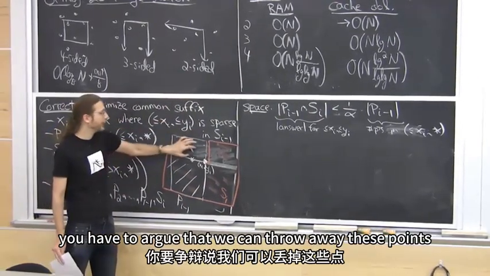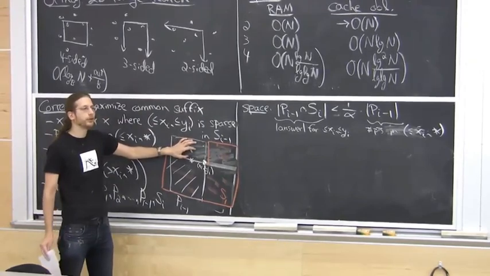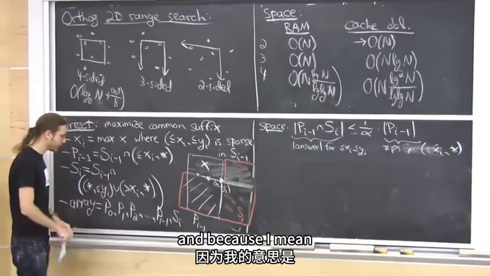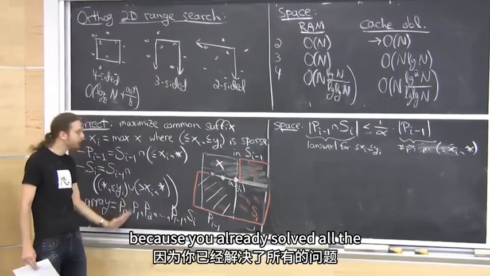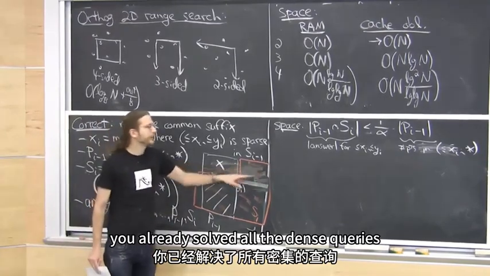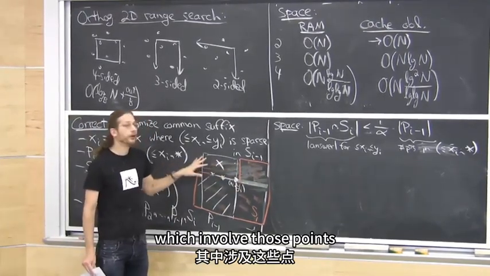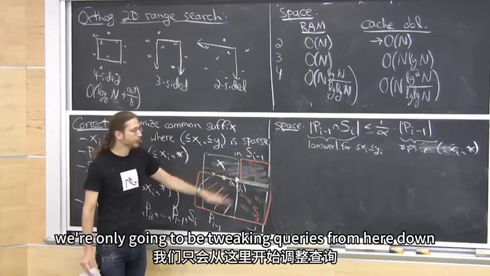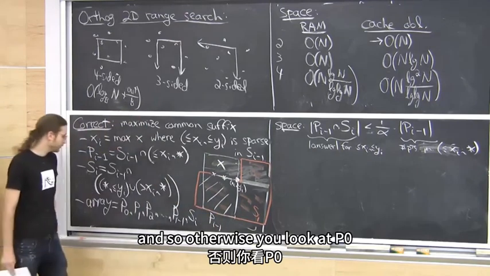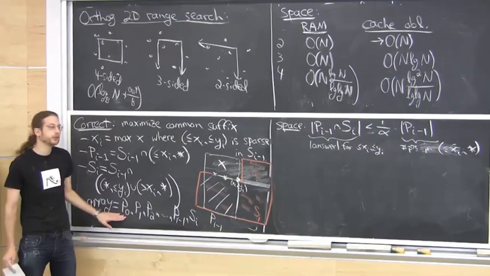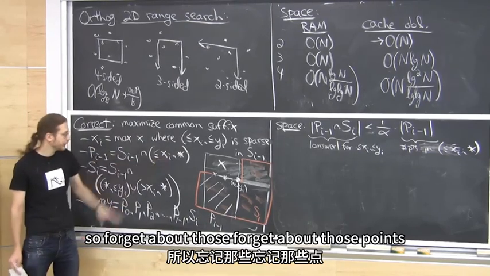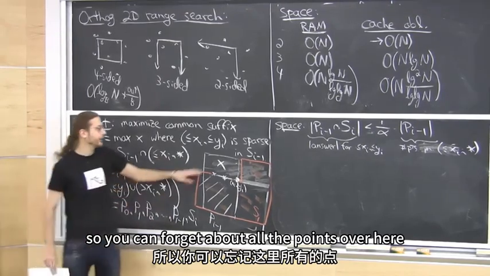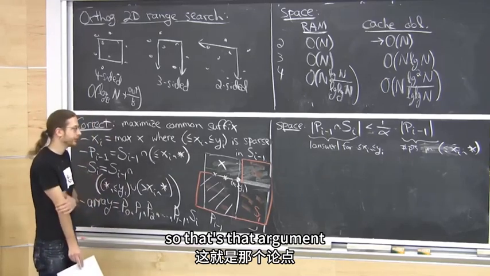You have to argue that we can throw away these points and it's safe. Once we do, you just ignore their existence, because you already solved all the dense queries which are over here or over here, which involve those points. We now know that we're only going to be doing queries from here down. So forget about those points. Now you're going to be searching in one of these structures, so you can forget about all the points over here. So that's that argument.